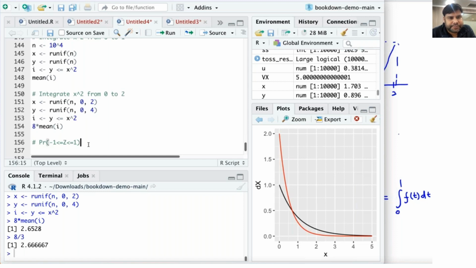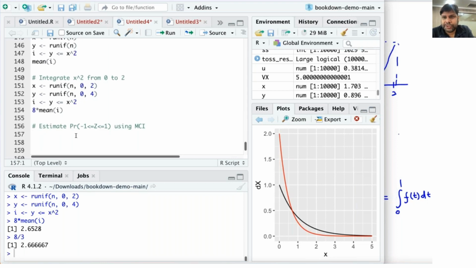So estimate this. How should we proceed? One way to do this is, first of all, realize that it's a symmetric density function.